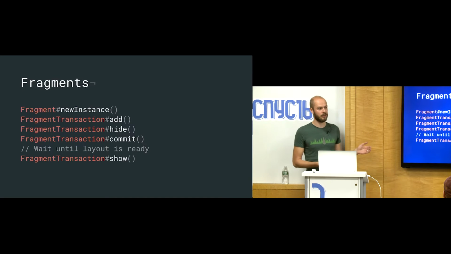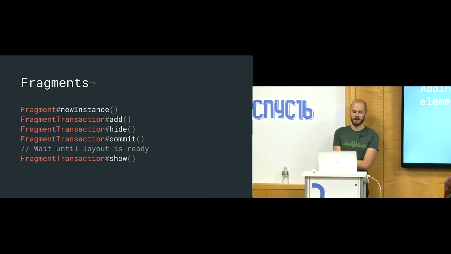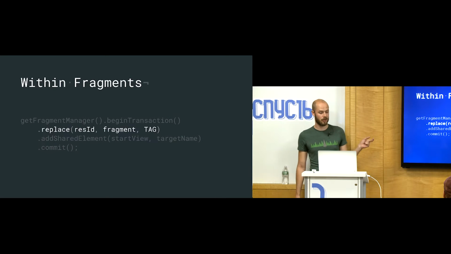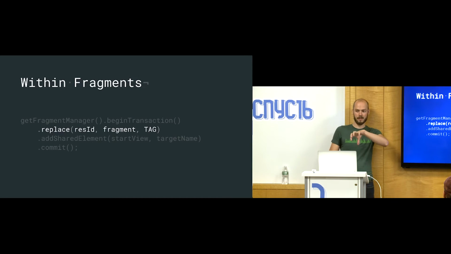If you remove the original fragment and re-add that while everything's been laid out, you can actually do a shared element, but usually you can do just a content transition like this. Because when you want to add a shared element within fragments, you begin your transaction, and you have to call a replace or a remove and add within the same transaction to get the system to understand that there's one thing that's been removed and another thing that's been added for the shared element.